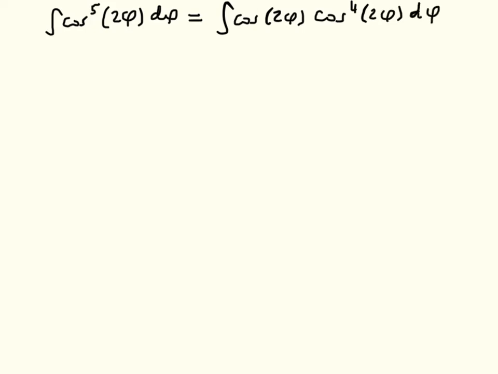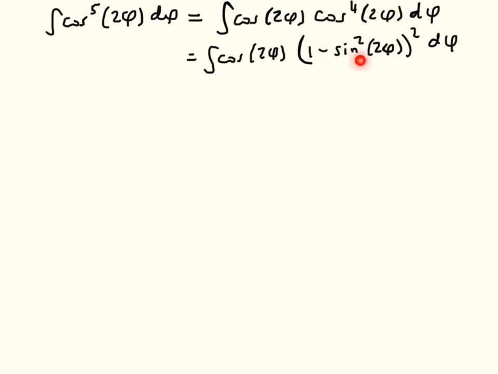So what we're able to do is to pull out one of these factors, and we are left with an even number of powers. So this means that we can write it as the integral of the cosine of 2 phi times 1 minus sine squared of 2 phi, all in brackets, squared with respect to phi. So I've written cosine to the power of 4 as 1 minus sine squared, all squared.